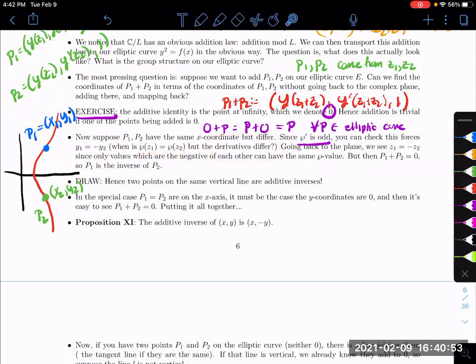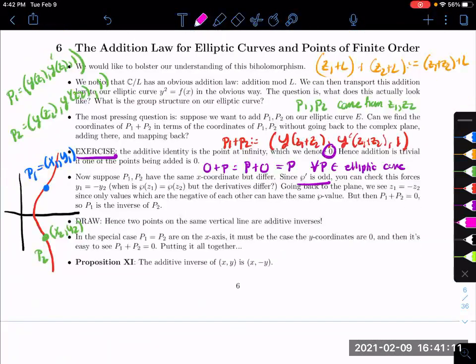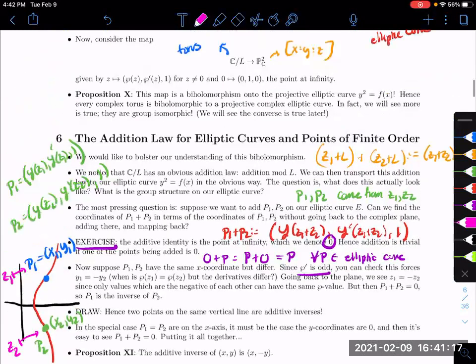So, okay. If you transport this information back to the plane, back to the complex plane or the torus, what you find is that z1, the point that mapped to p1 under this correspondence up here. So let me write that. And then z2, the point that mapped to p2 under the same correspondence up here.